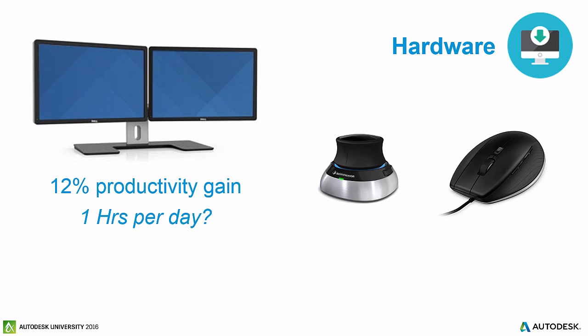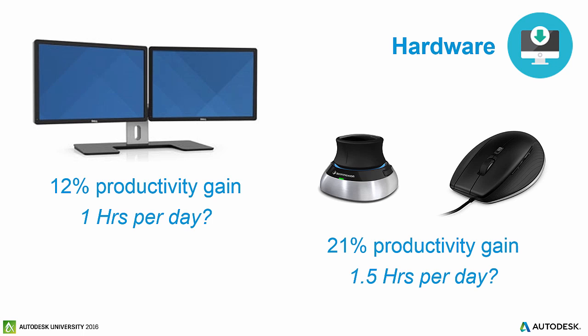So this is a 3D mouse. And again, in terms of productivity, I've got this from the 3D Connection website, but they think the 3D mouse could make you 21% more productive. So that's an hour and a half a day you could save yourself just by using a 3D mouse. Now, I use one of these 3D mice for working with Inventor. I find it absolutely invaluable.